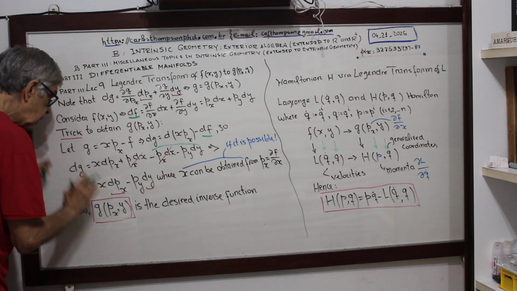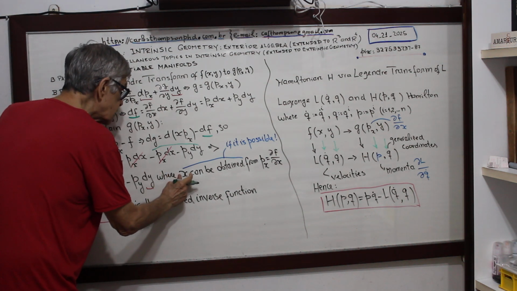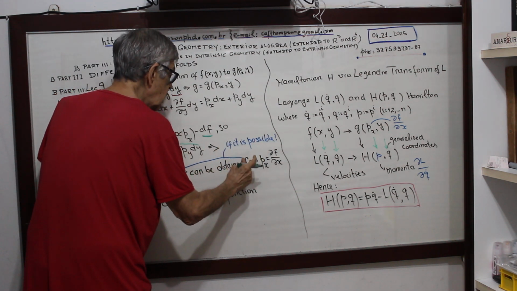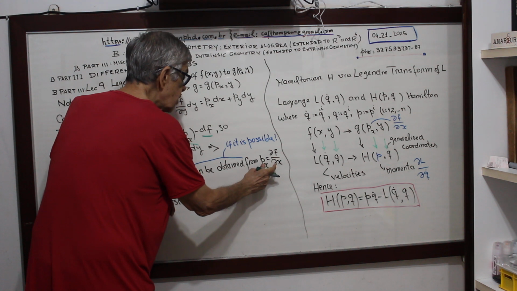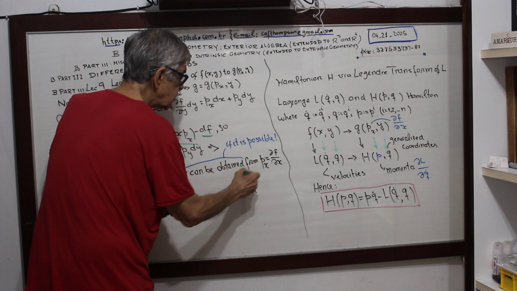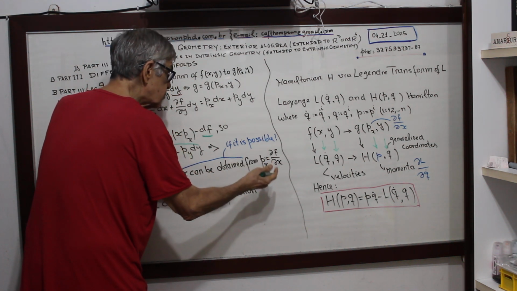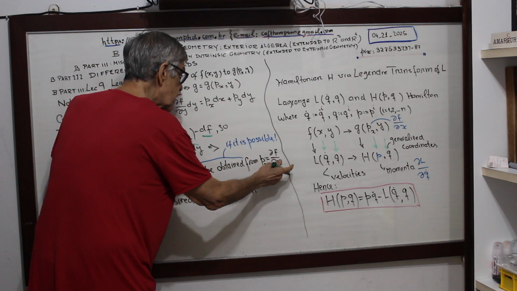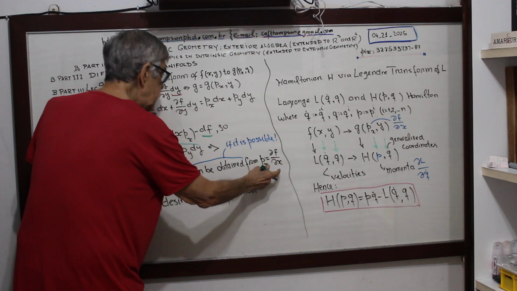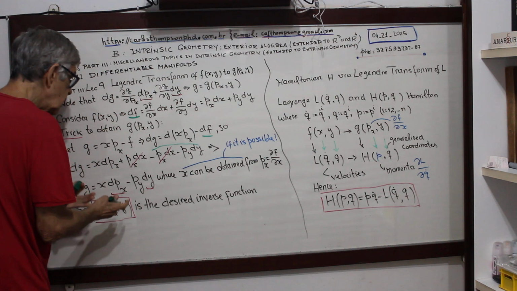Now, attention. x can be obtained only if it is possible from exactly this definition over here. So this is a definition. If it is possible, I can express x in terms of px and y.